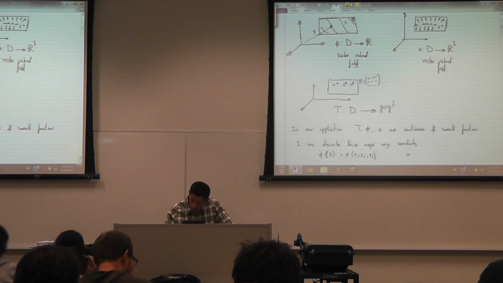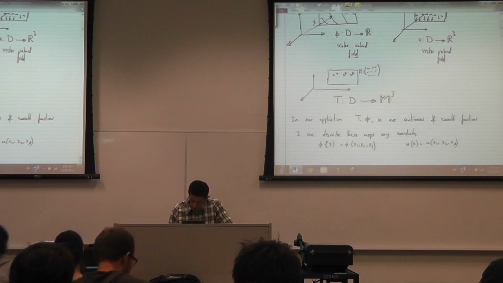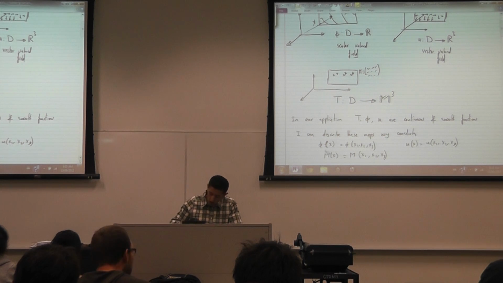The displacement at a point inside the material x is a function of the coordinates. And the matrix at a point x, each entry of this matrix will be a function of the coordinates. Sorry, I called it T.